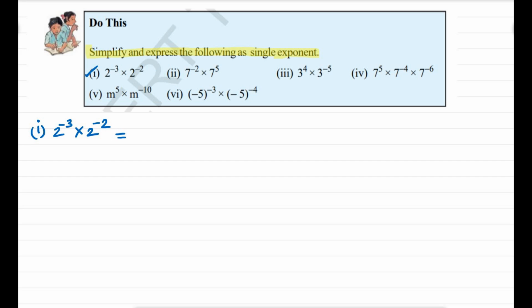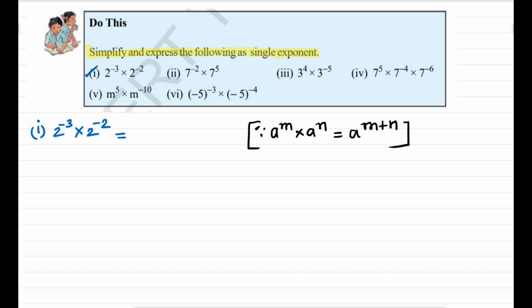For that, I know that a to the power of m into a to the power of n is equals to a to the power of m plus n. So we know that rule, and I'm going to use this.